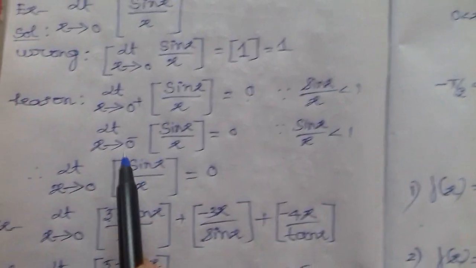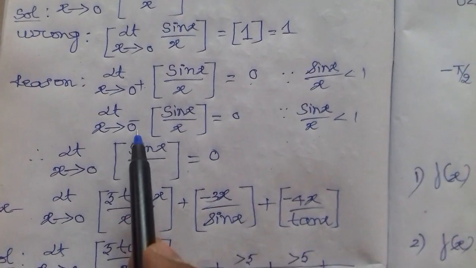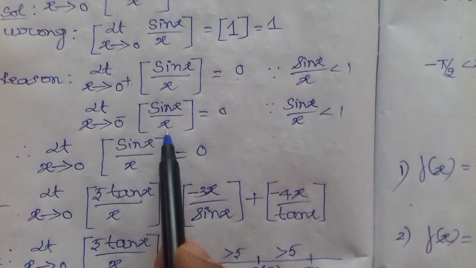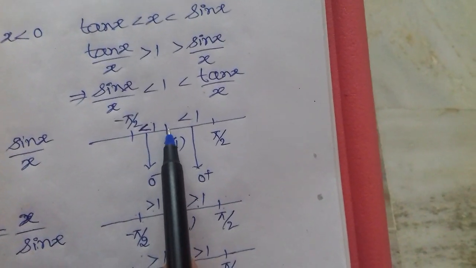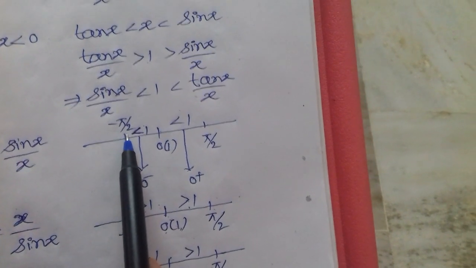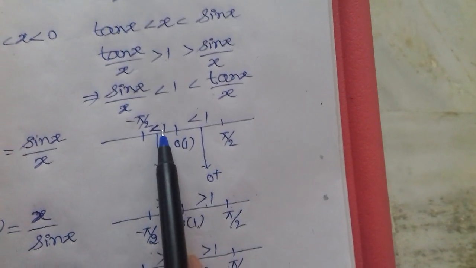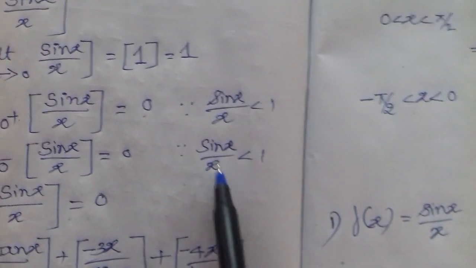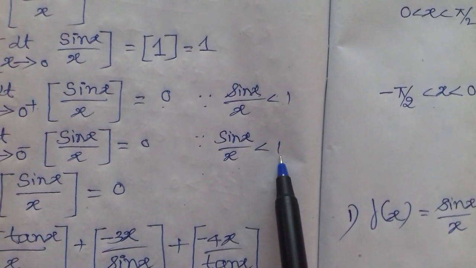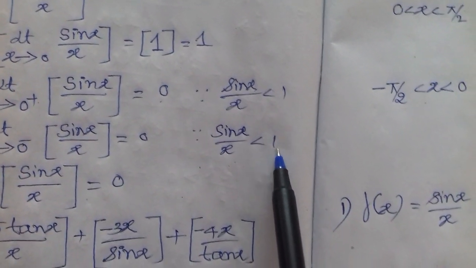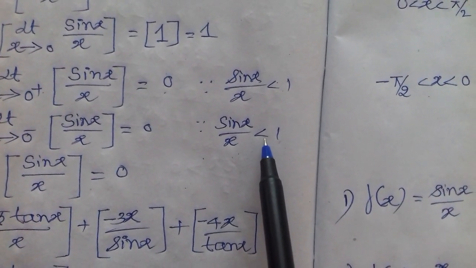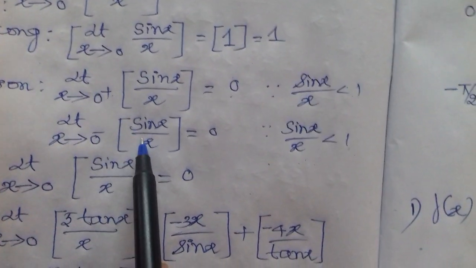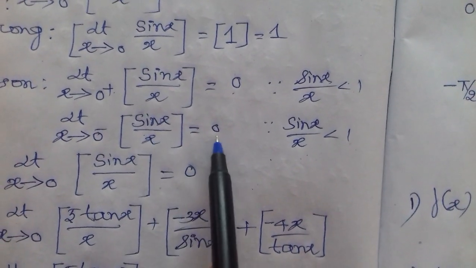0. So similarly, limit x tends to 0 minus step of sin x by x. If we look at x less than 0, it will be from minus pi by 2 to 0, less than 1. That means sin x by x is less than 1. It will also be a quantity less than 1. Let us say 0.999. So step of 0.999 is what? 0.